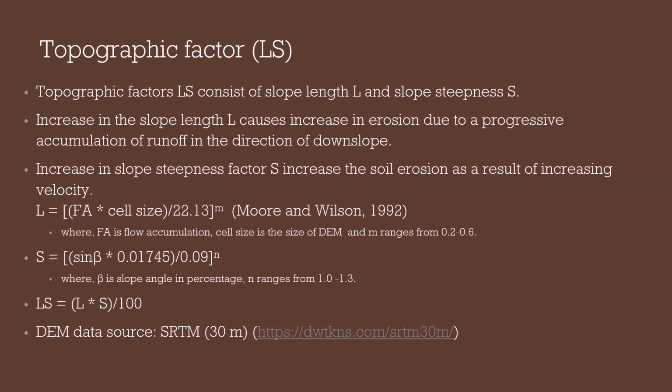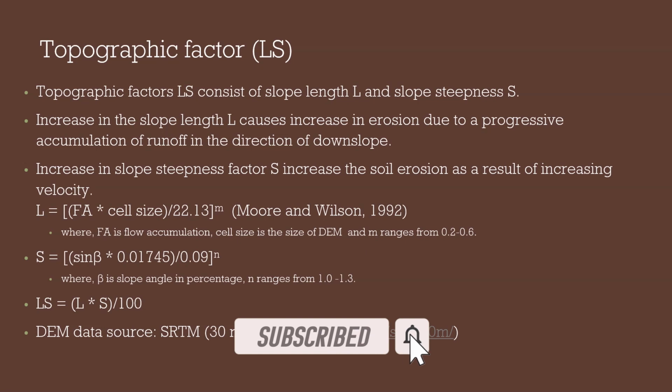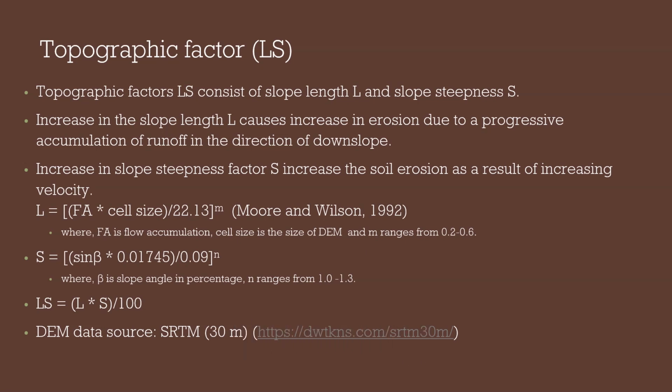The values of M and N can be obtained from the literature or based on the dominance of the slope angle. Finally, the topographic factor LS is the product of slope length and slope steepness divided by 100. For this, we require the digital elevation model.